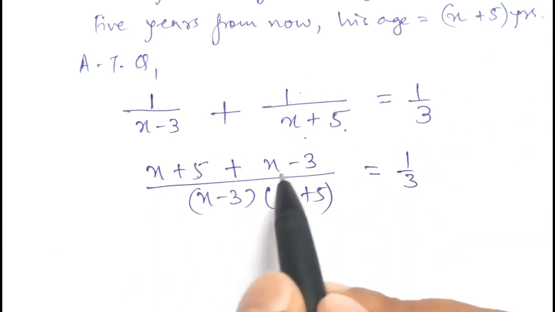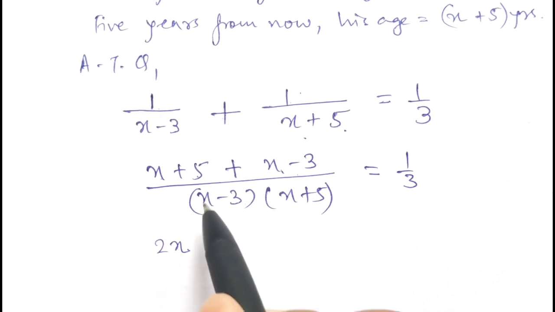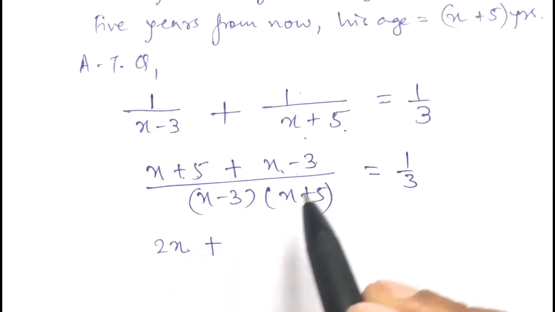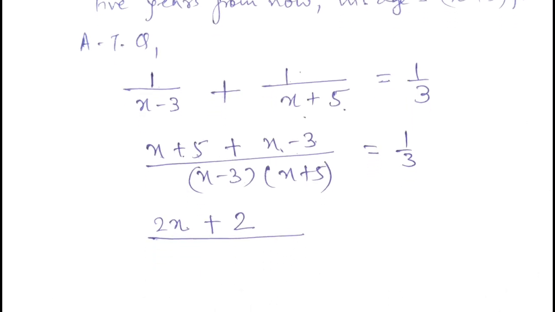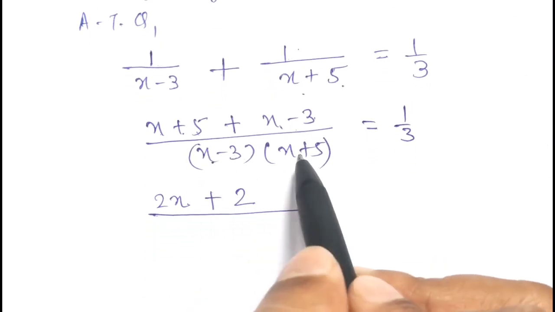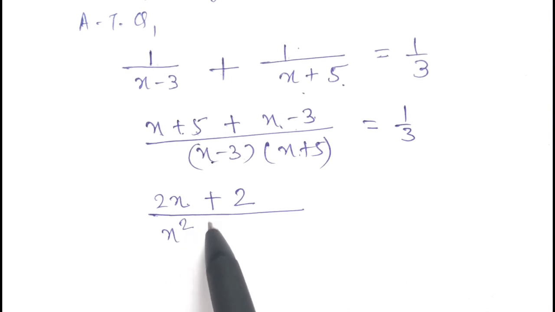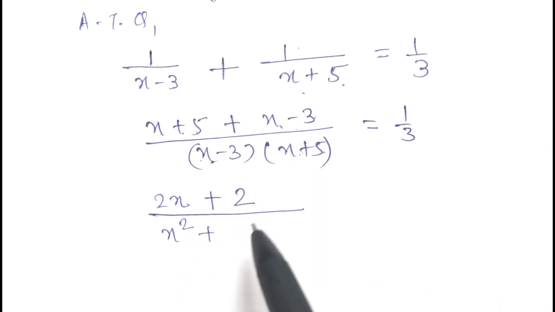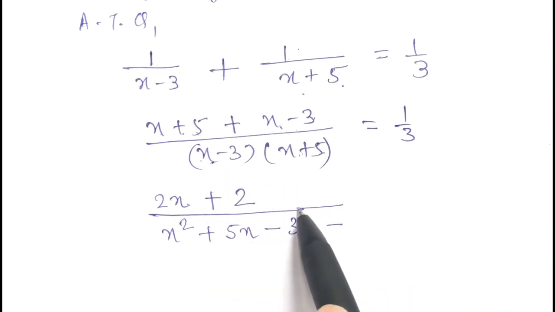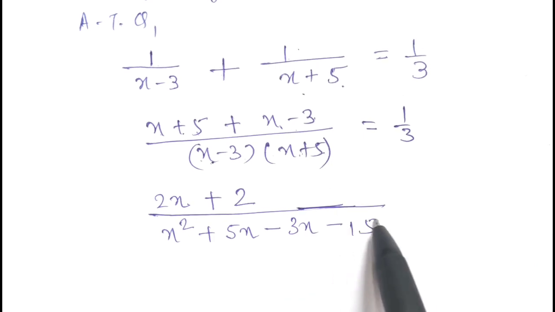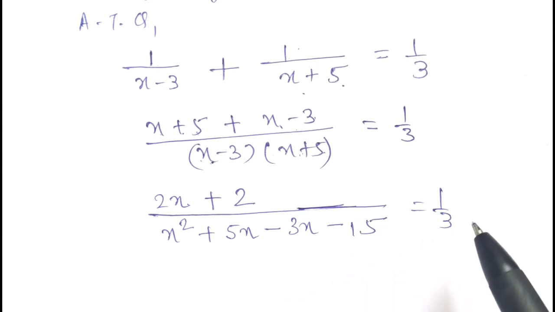Now collect the like terms. x plus x is 2x, plus 5 minus 3 is 2, whole divided by, opening the bracket in the denominator, x into x is x square, plus x into 5 is 5x, minus 3 into x is minus 3x, minus 3 into 5 is minus 15, equals 1/3.